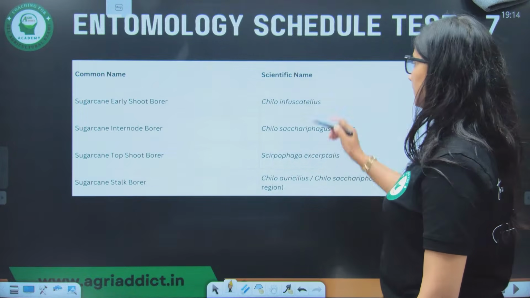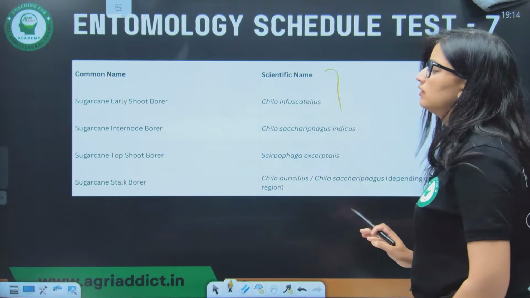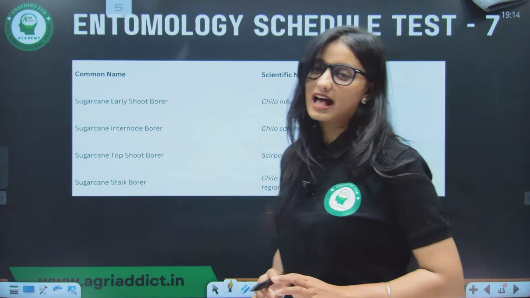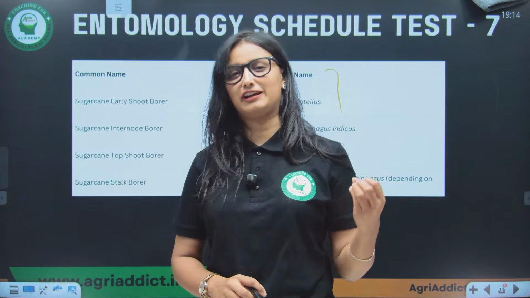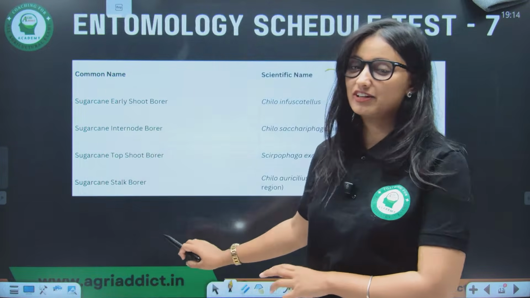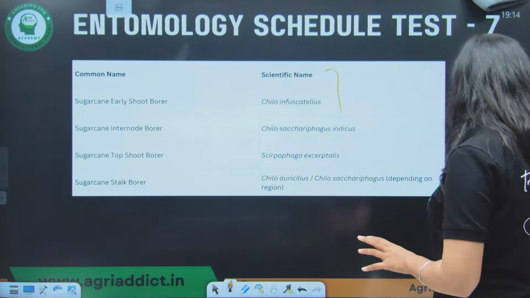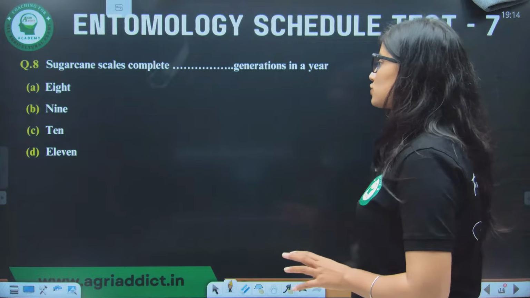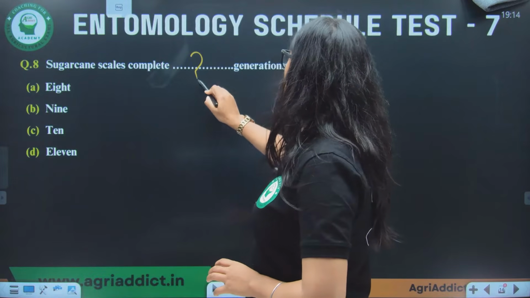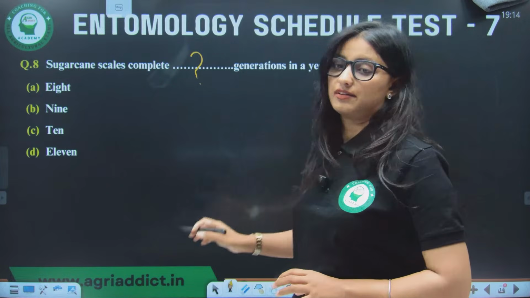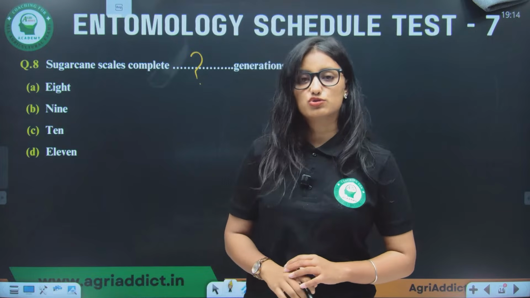So I have written all the scientific names, but I hope you all know the scientific names of all the pests I have given here. But I have written them also. Very good. A is the correct answer. Sugarcane scale completes how many generations in a year? Again, you should know this one.